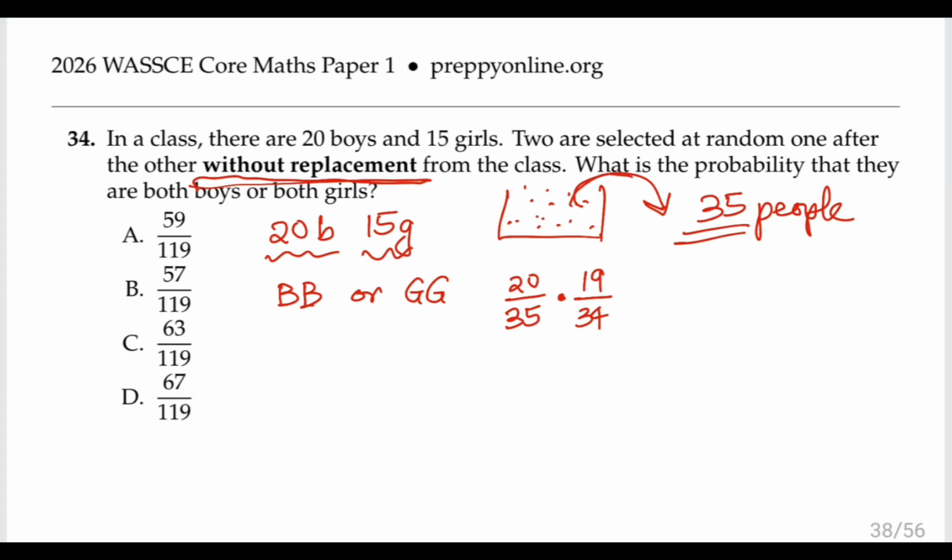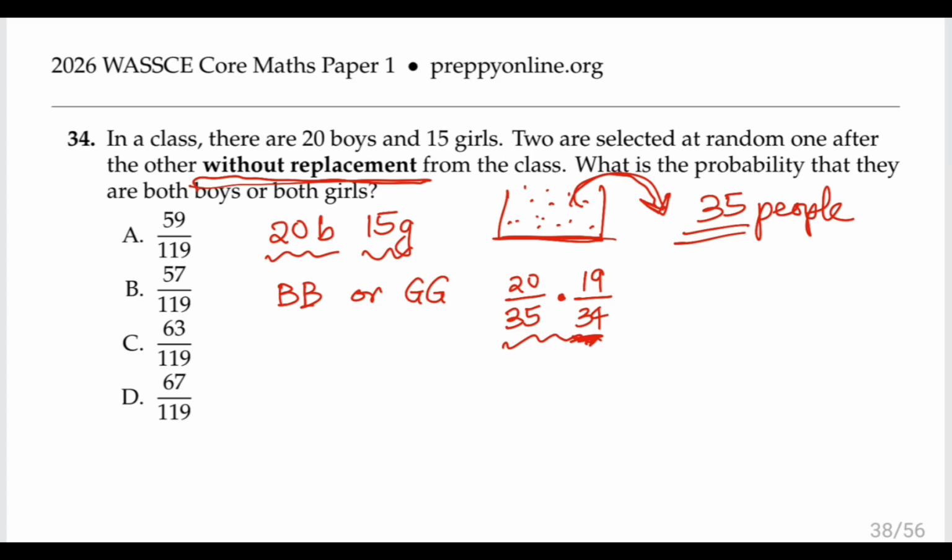After selecting one person, bringing him out, you no longer have 35 people in the class. You now have 34. And of those 34, if the first person you selected was a boy, then you no longer have 20 boys in the class, but 19. So this is the probability that we will select a boy first and then a boy second. Now let's look at the probability that we'll select a girl first and then a girl second.